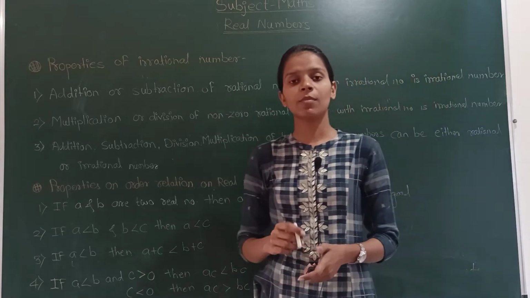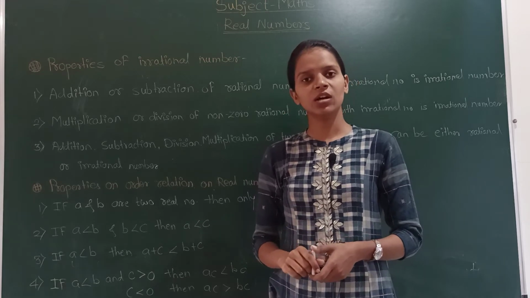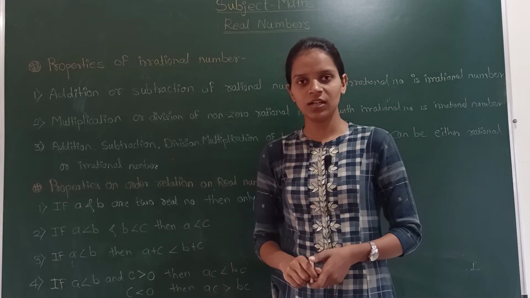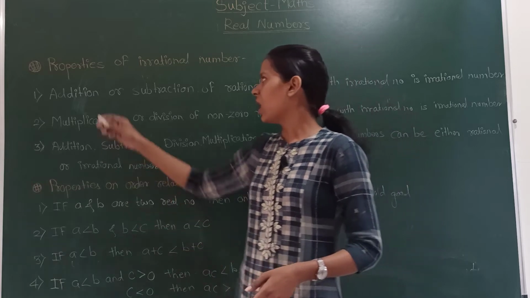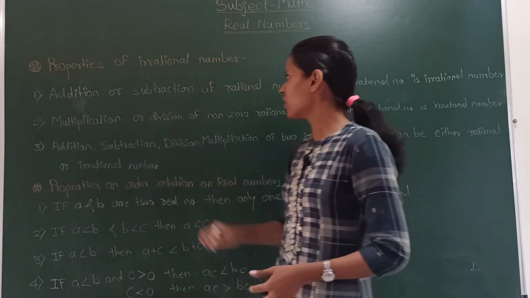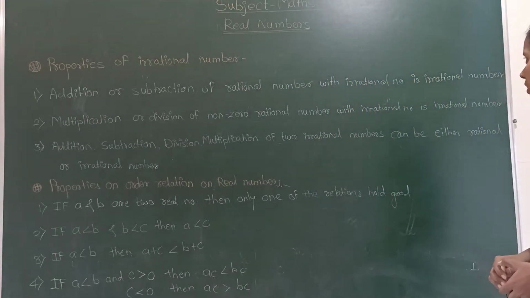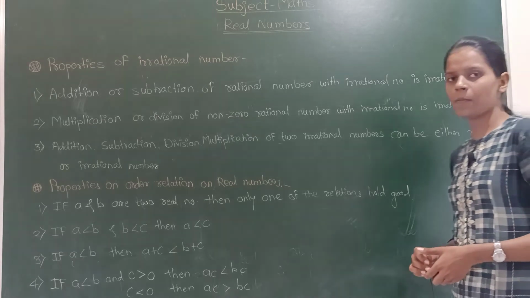We have seen the properties of rational numbers, whereas today we are going to learn the properties of irrational numbers. See on the board, properties of irrational numbers. First property is addition or subtraction of rational numbers with irrational number is irrational number.